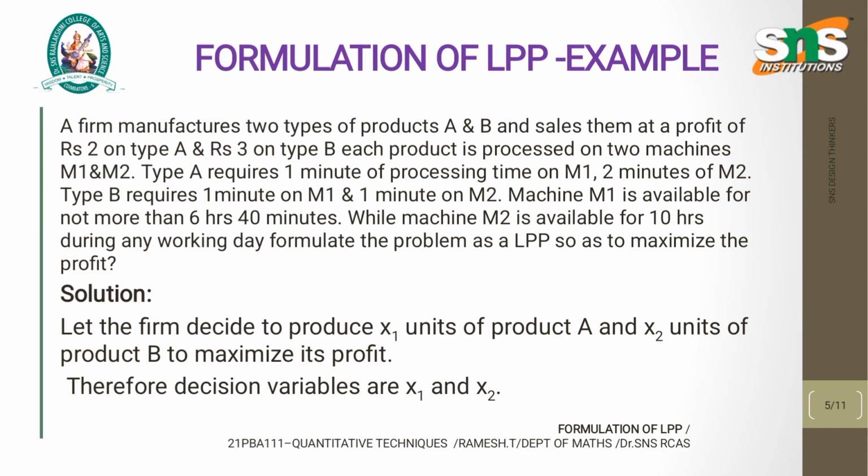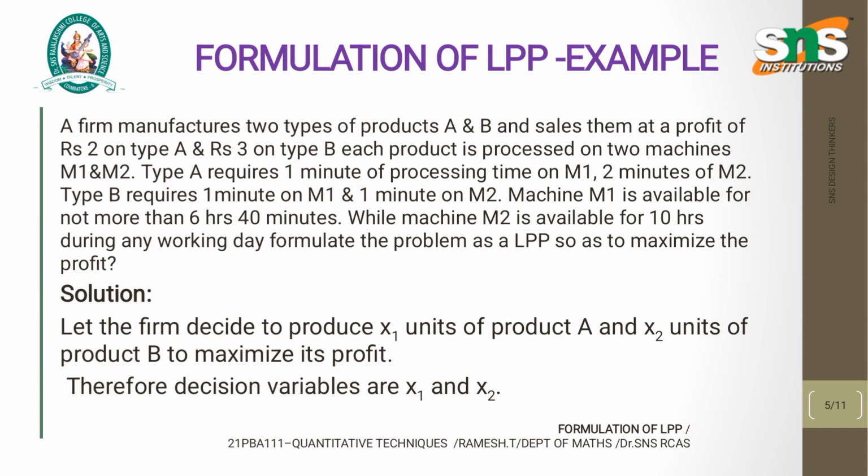Type A requires 1 minute of processing time on M1 and 2 minutes on M2. Type B requires 1 minute on M1 and 1 minute on M2. Machine M1 is available for not more than 6 hours 40 minutes, while machine M2 is available for 10 hours during any working day. Formulate the problem as LPP so as to maximize the profit.